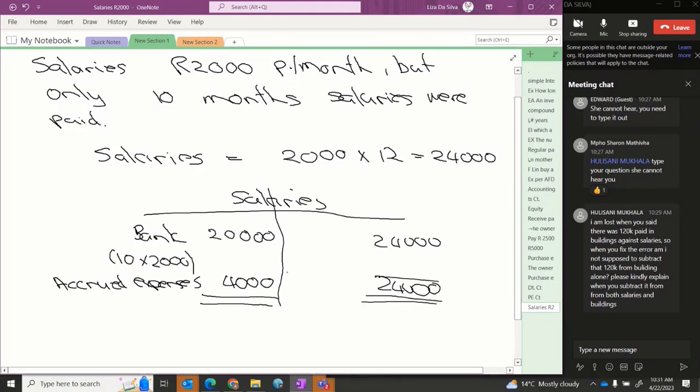Okay, but now this 4,000 that you didn't pay, that's now going to be either a current asset or a current liability. Which one do you think accrued expenses will be? Because you have to show in your books that you still need to pay it, although you didn't pay it yet.